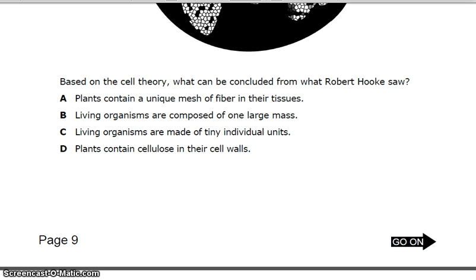A. Plants contain a unique mesh of fiber in their tissues. B. Living organisms are composed of one large mass. C. Living organisms are made of tiny individual units. Or D. Plants contain cellulose in their cell walls.